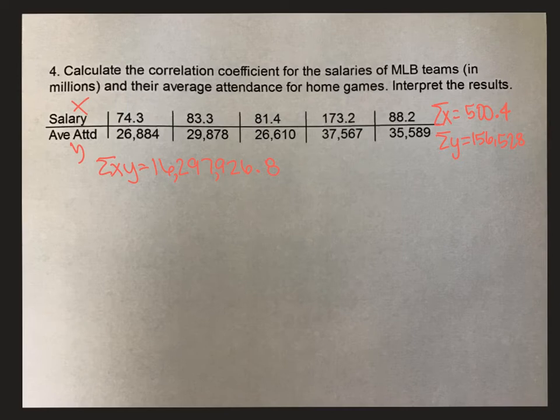The sum of x squared is 56,862.82, and the sum of y squared is super large: 5,001,392,850.